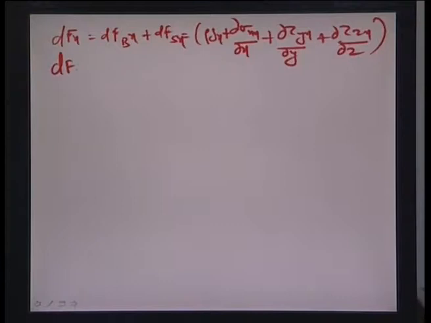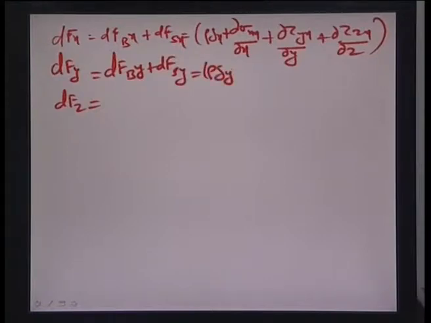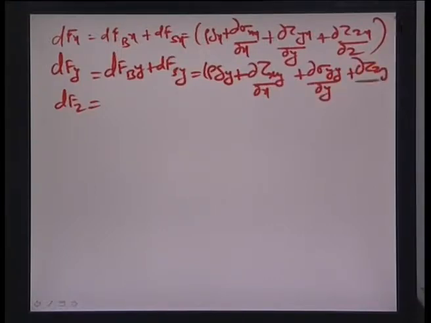Similarly dfy is dfby plus dfsy, which is rho gy plus delta tau xy by del x plus delta sigma yy by del y plus delta tau zy by delta z.